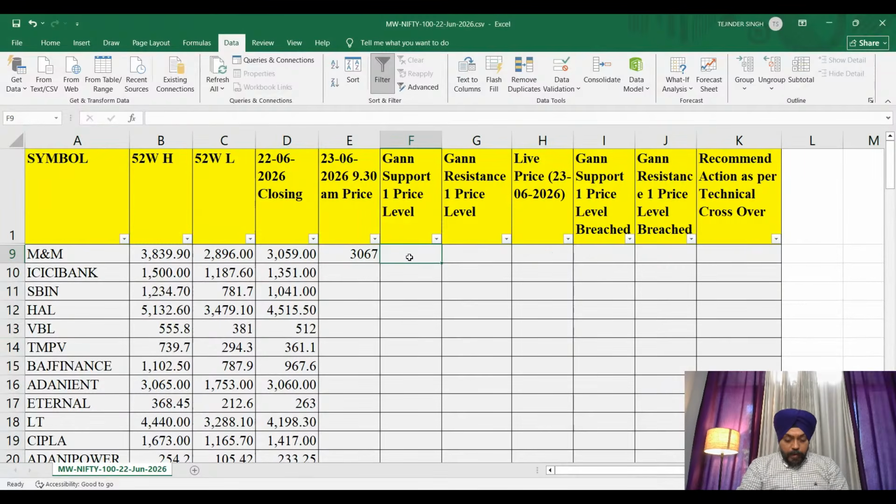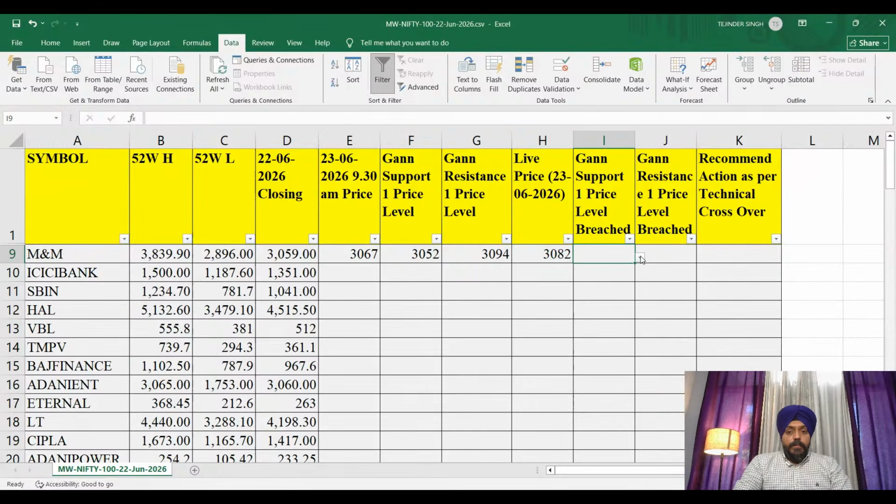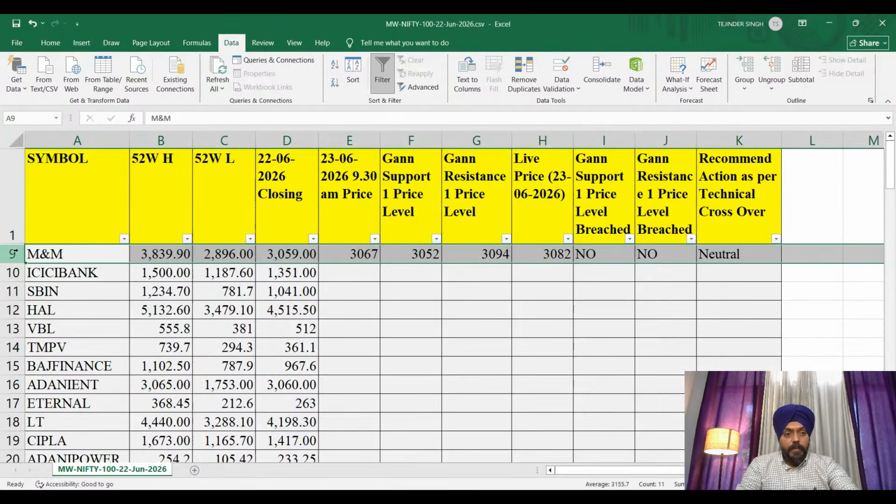The support 1 as per the Gann square is 3052, resistance 1 is 3094, and the live price, just now we checked, is 3082. So again, support level breach no, and resistance also breach no. So this stance is again neutral.